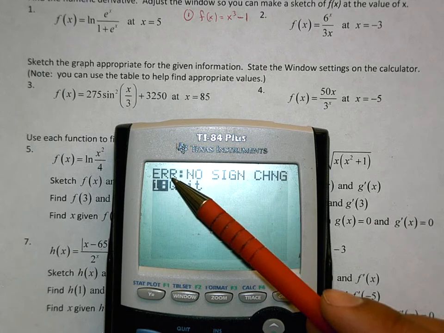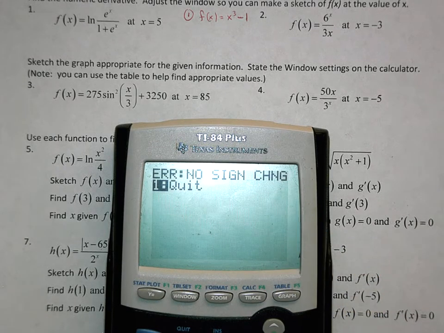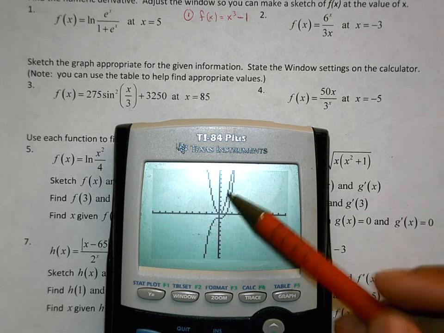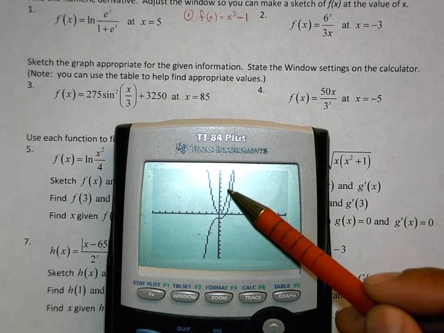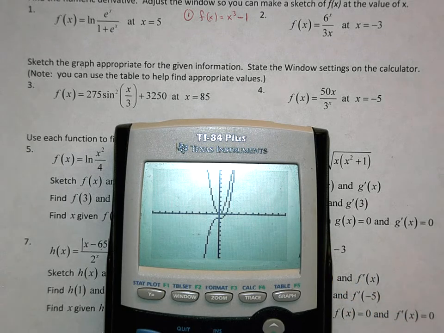It says error, no sign change. What it's looking for is, did it go from a positive to a negative? And if it does, it's going to try to figure out how close it has to be to get that point. And it'll go within however many places your calculator is set to.